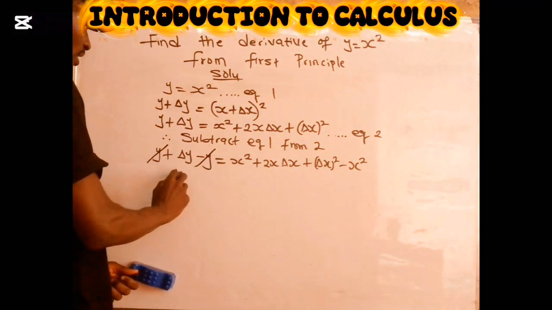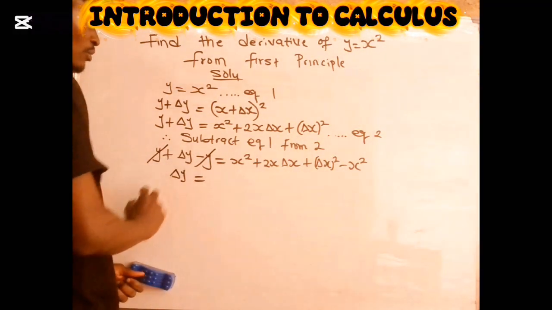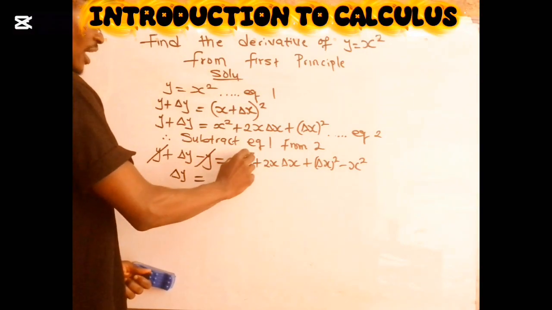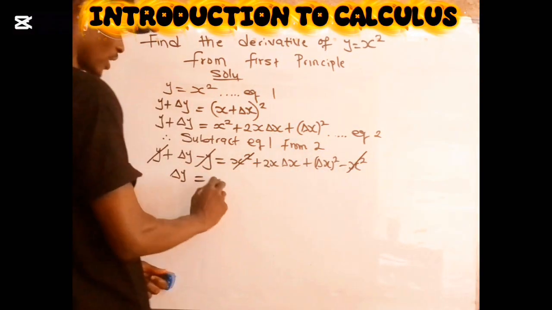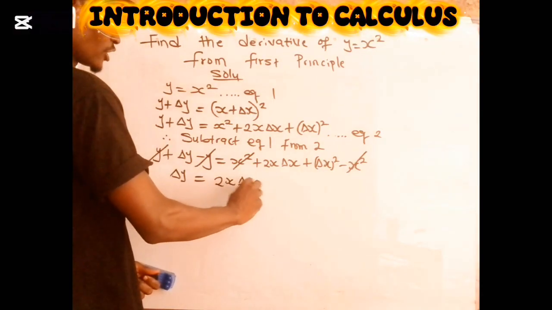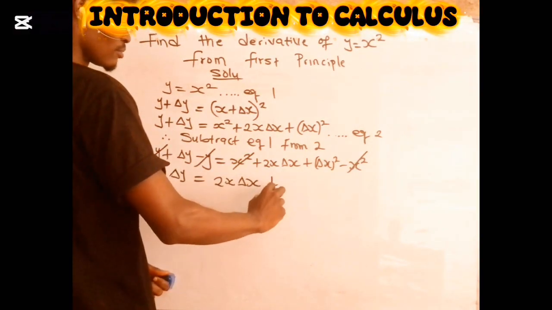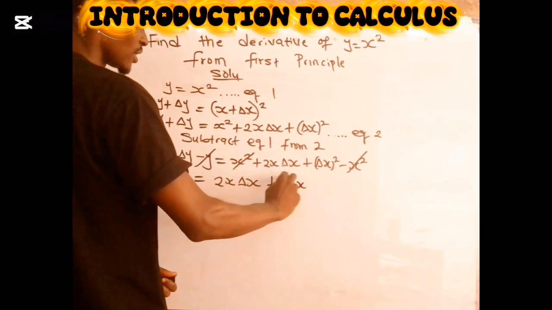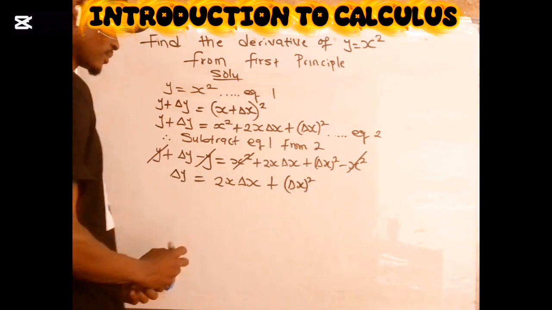We are left with change in y equals... x squared cancels x squared. So we are left with 2x change in x plus (change in x) squared.